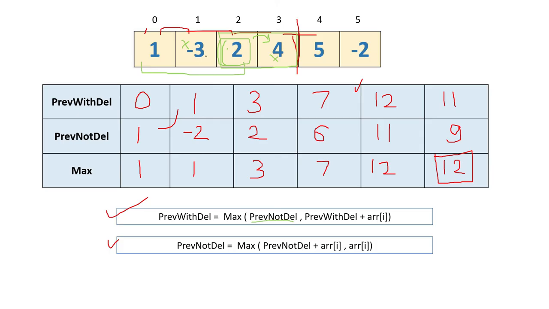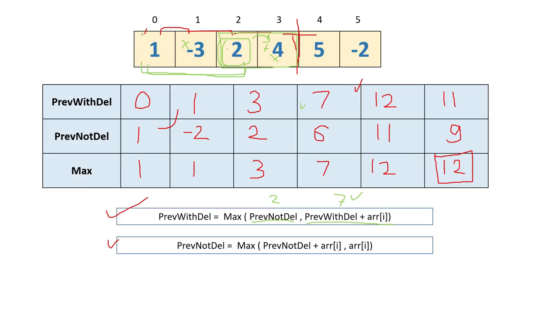So straight away I can add the previous with deletion to the current number. So 3 is still here, and then I can add the plus 4, so it will become 7. So my choice is between previous with deletion plus the current value, or previous not deleted. That is between 2 and 7, but I found 7 is bigger, so I took 7 here, and that way we are continuing.